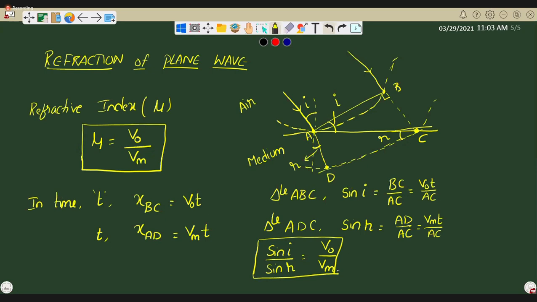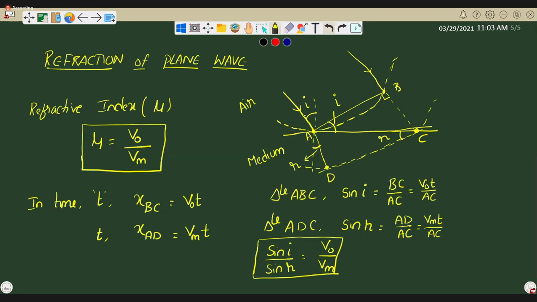Now tell me, if your light ray is going from rarer medium to denser medium, air is a rarer medium, isn't it? And this medium is a denser medium.